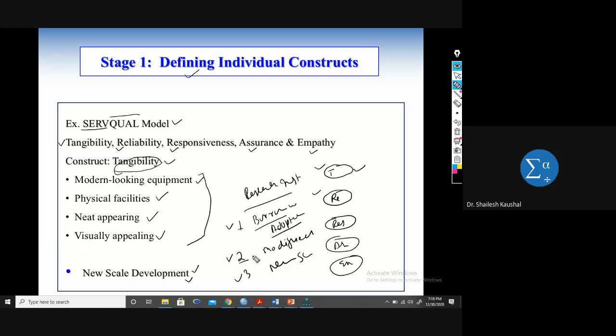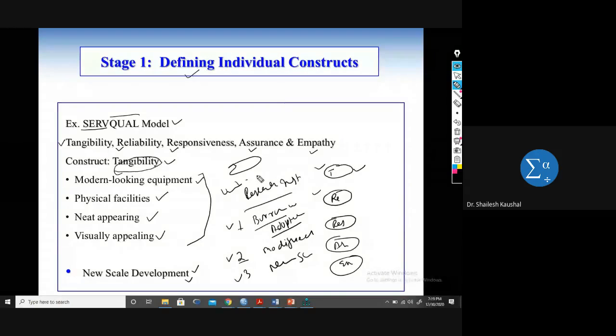Whatever phenomena we are measuring, through literature review we will identify the research instrument. Before applying structural equation modeling, unless we have good research papers, we should not perform it. Sometimes you want to apply structural equation modeling and you do not have a single research paper on it.